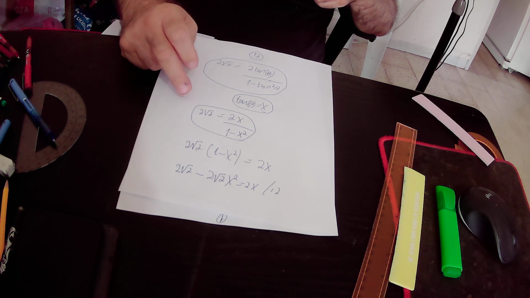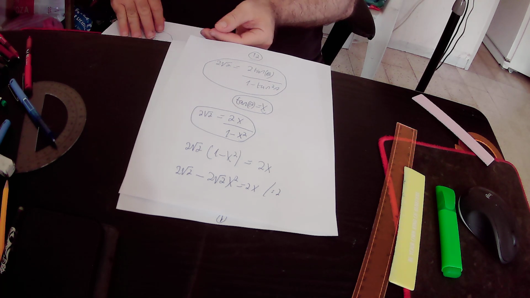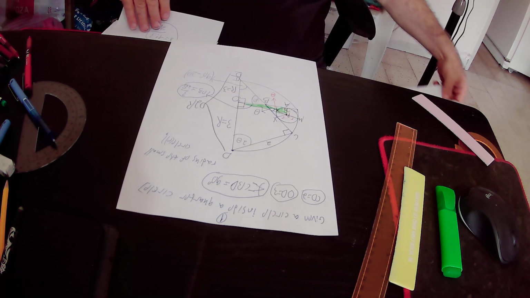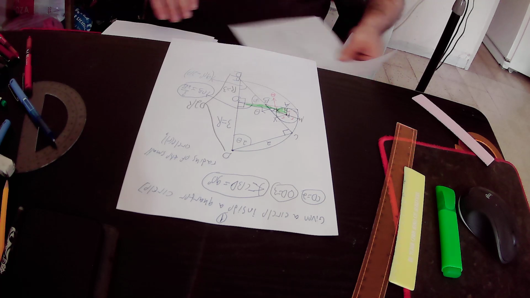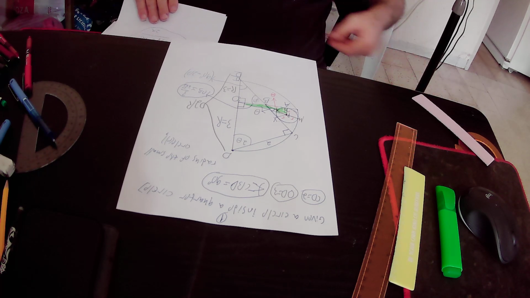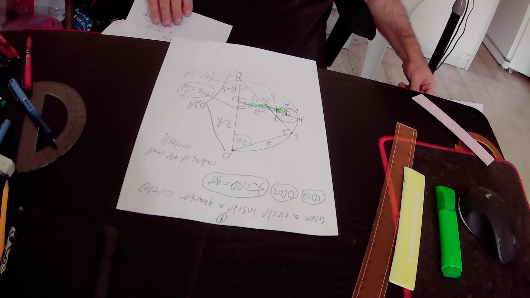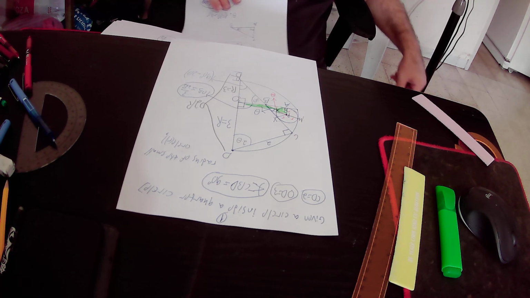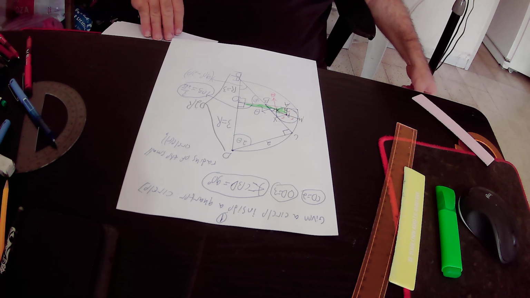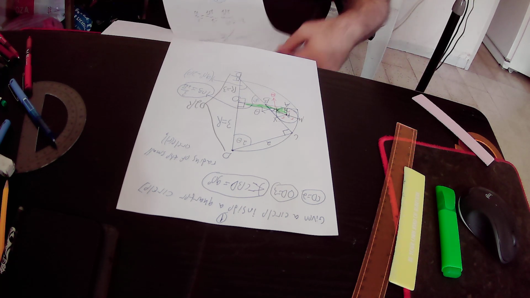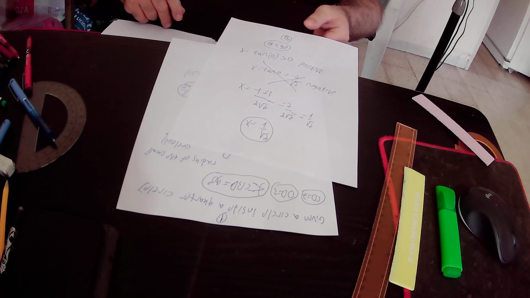We got a quadratic equation, and we solved the quadratic equation, and we found that the value of x, that is tangent theta, is actually 1 over root 2.